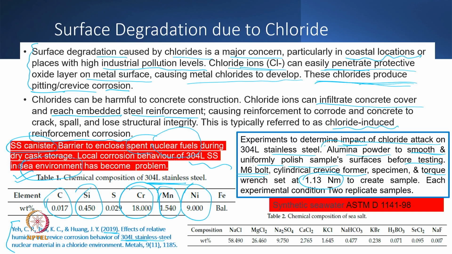using an electrolyte based on sea water, and they synthesized seawater also, as per the standard which has been mentioned, ASTM D1141-98, and they use NaCl 94 and NaCl 58.5% and other composition as per this standard.